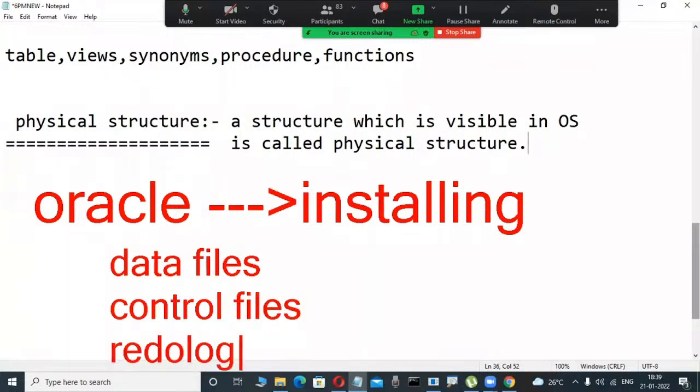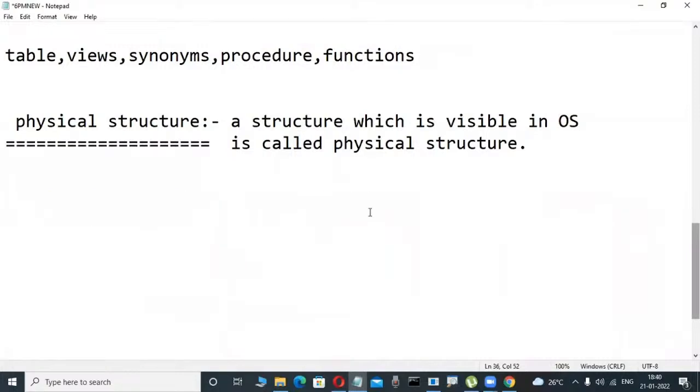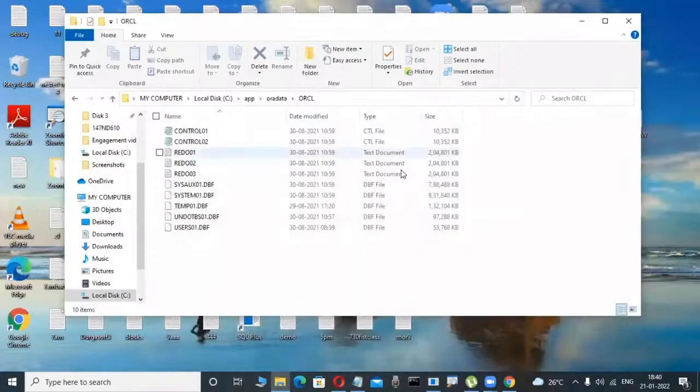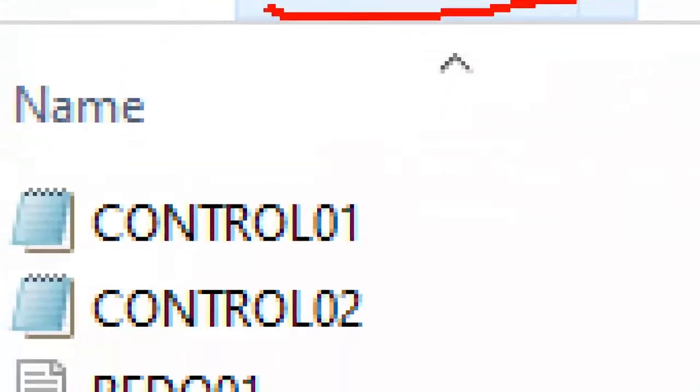You don't have an idea about these things yet. In the future DBA concept, I'm giving only a rough introduction in our course. Whenever I install the Oracle software, some files are created on the disk, in the C drive or D drive.